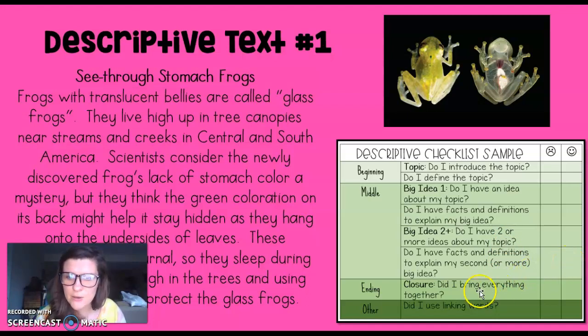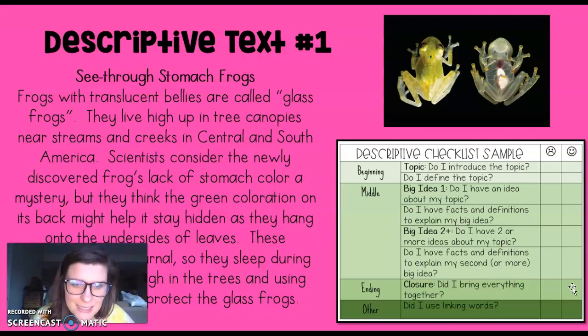All right, at the end, at the closure, did they bring everything together? Staying high in the trees and using camouflage help protect the glass frogs. Yep, they wrapped it all up. Smiley face. I gotta go back, though, for the last section of other. Did they use linking words? Like first, second, then last, commas. Let's see.